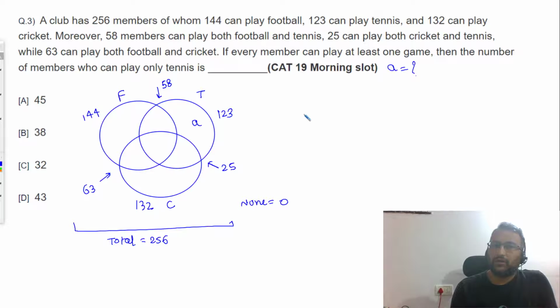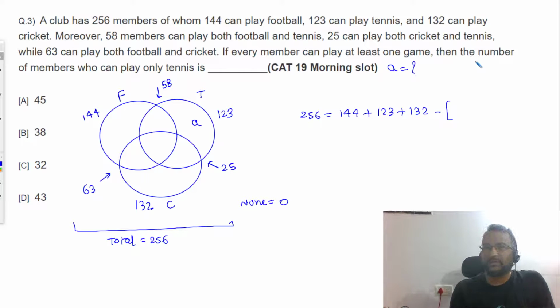So A union B union C is 256, is equal to the value of A plus value of B plus value of C minus A intersection B, B intersection C, C intersection A, that is 58 plus 25 plus 63, bracket close, and then plus all 3 is equal to B.